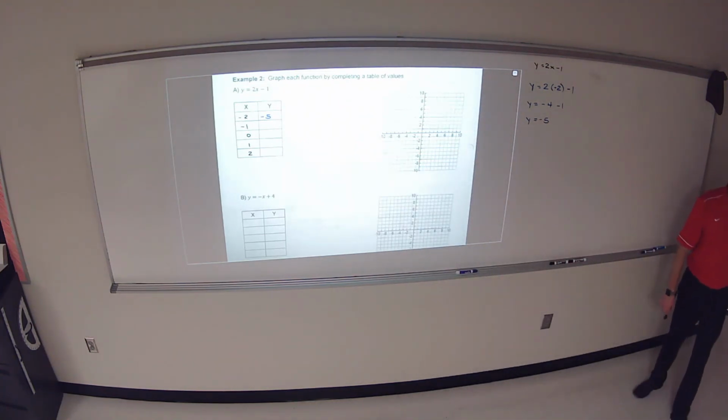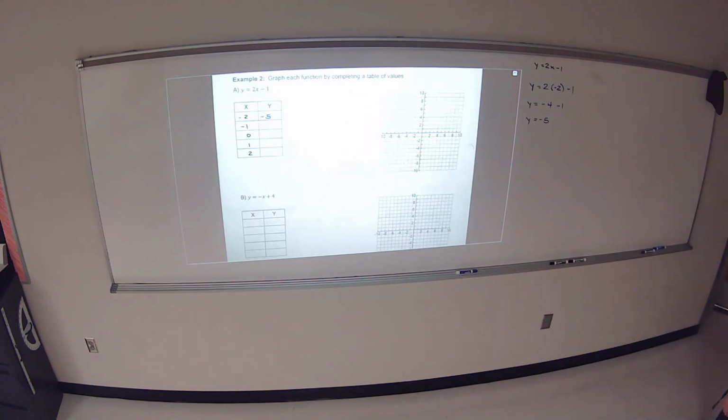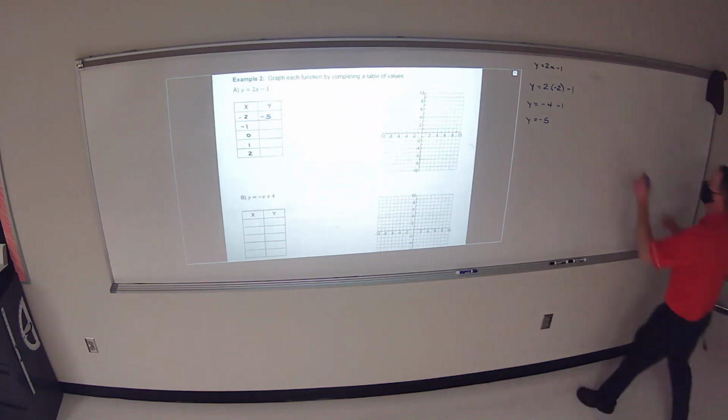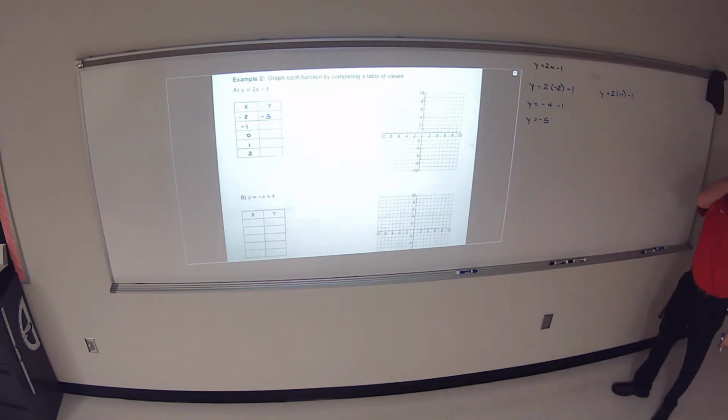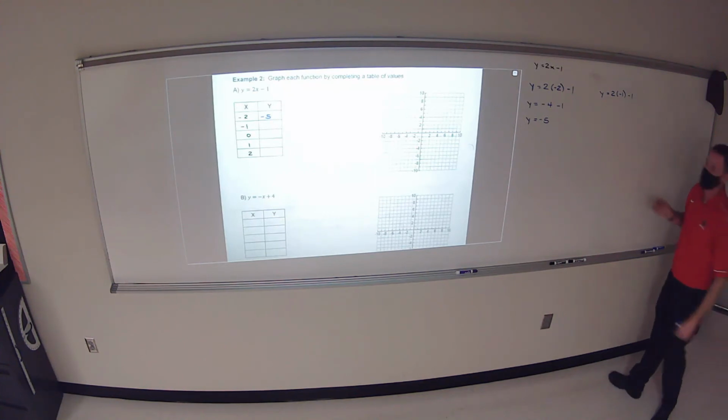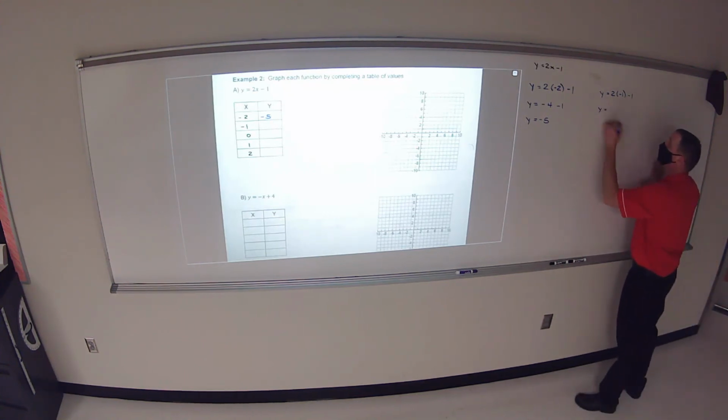What's the next value I'm going to have to plug in? We're going to plug in the next value, which was -1. Y equals 2 times -1, and then minus 1. Again, we're just following the order of operations here. So what's 2 times -1? -2. And what's -2 minus 1? -3.